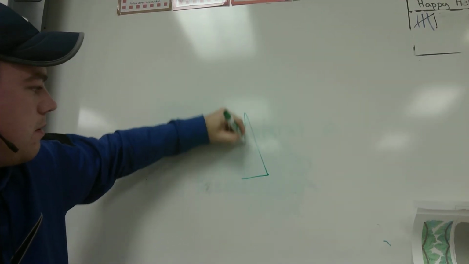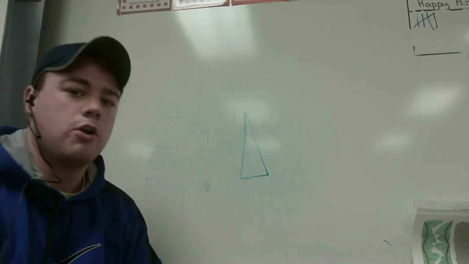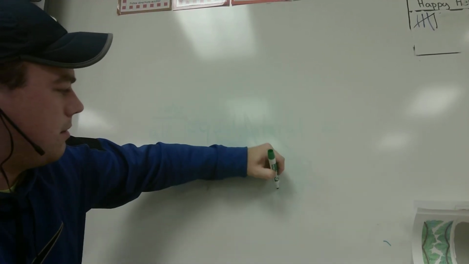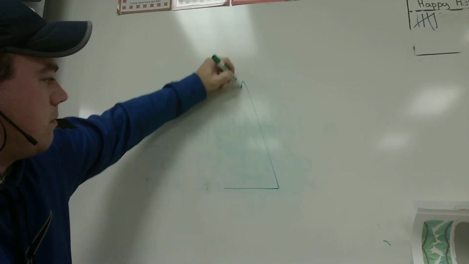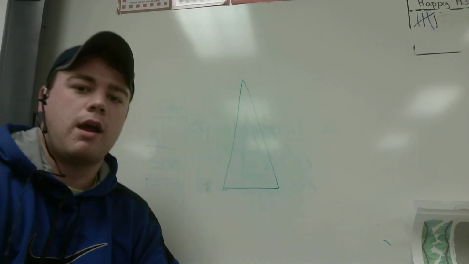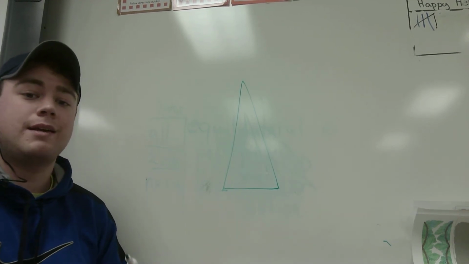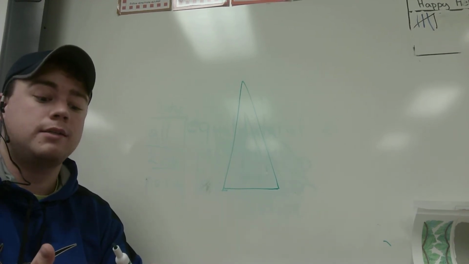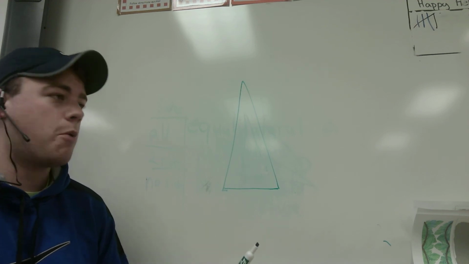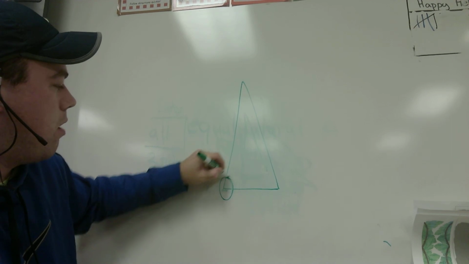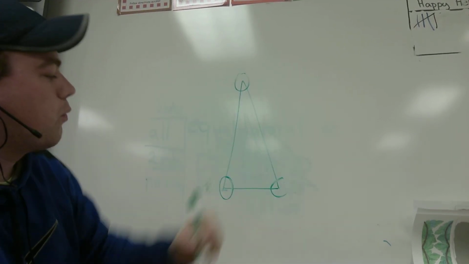Now, I told you earlier we can name triangles by the length of their sides and their angles. So let's start with angles. Let's name this triangle by the angles. I have 1, 2, 3 acute angles. So think to yourself, what name is this triangle? If you said acute, you're right. This is an acute triangle.